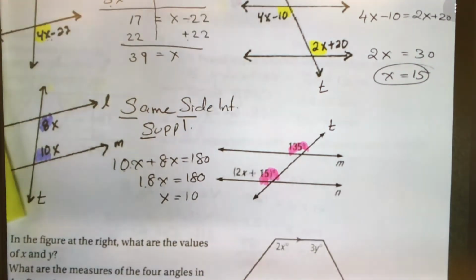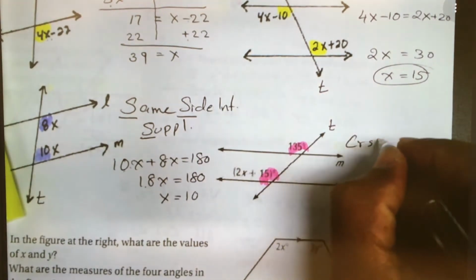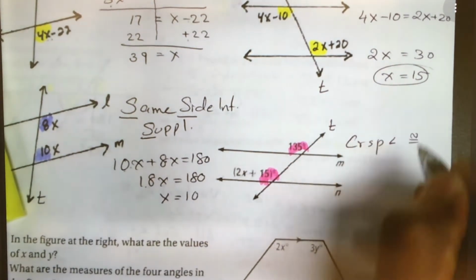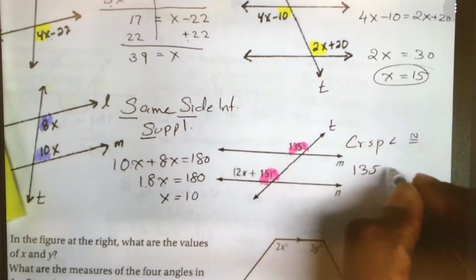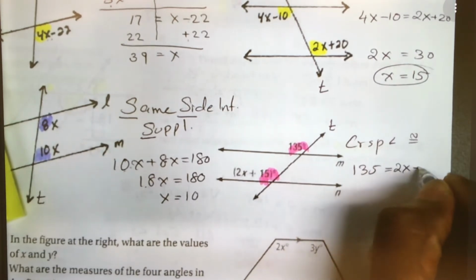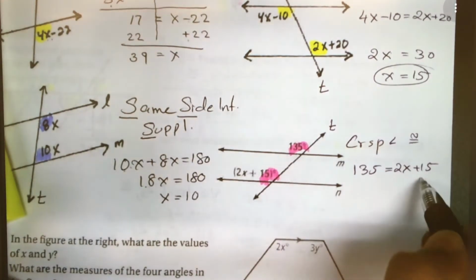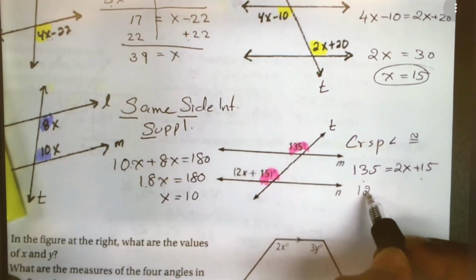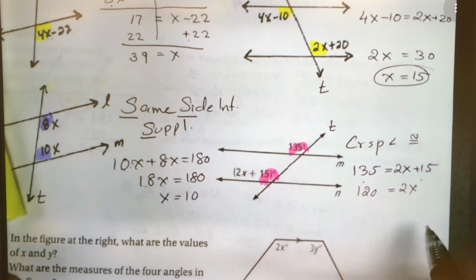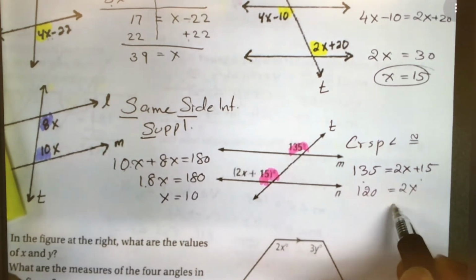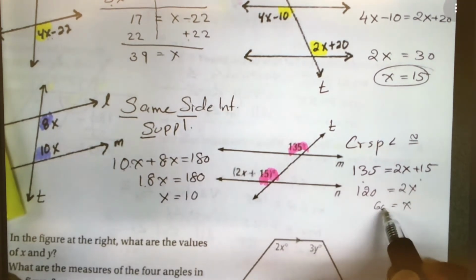So they are corresponding angles. So corresponding angles are congruent. So I can write 135 is equal to 2x plus 15. To solve for x, subtract 15 from both sides. You get 120 is equal to 2x. Then divide by 2 on both sides. You get x is equal to 60.